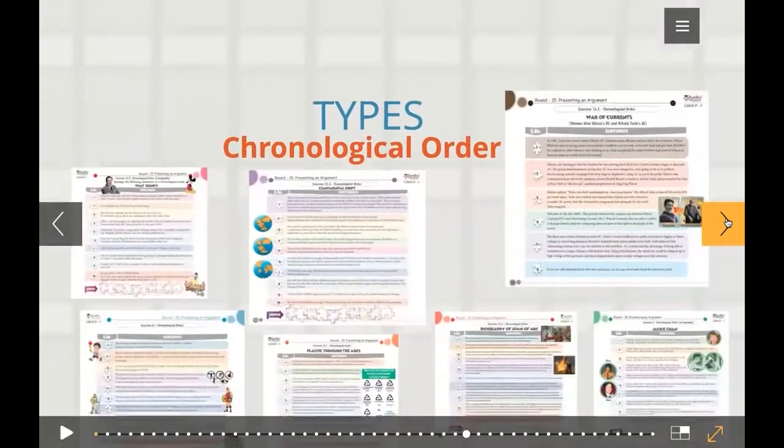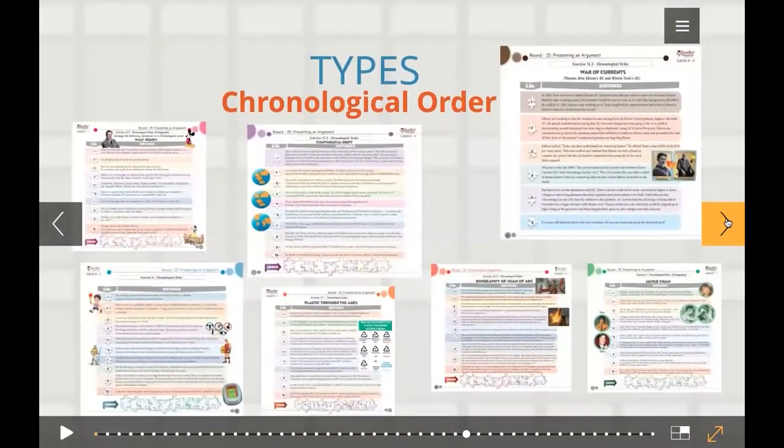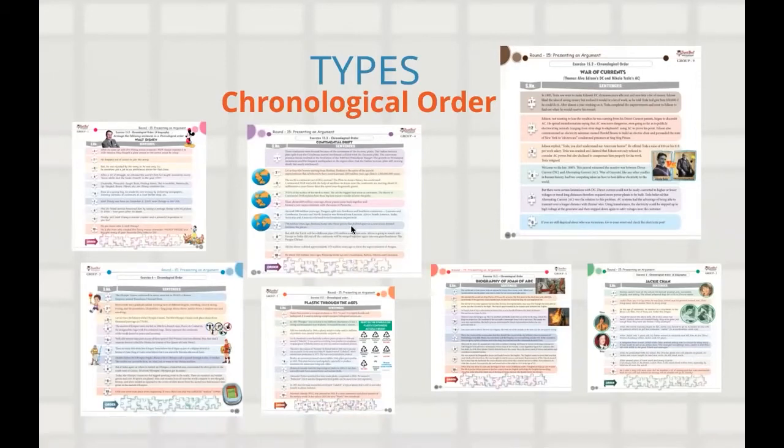And then we have chronological order. Chronology just means time order. So it can be from the present to the past or from the past to the present. We have here some interesting biographies about Walt Disney, Joan of Arc, and continental drift, how continents used to be one single landmass and how through the course of time they drifted apart.